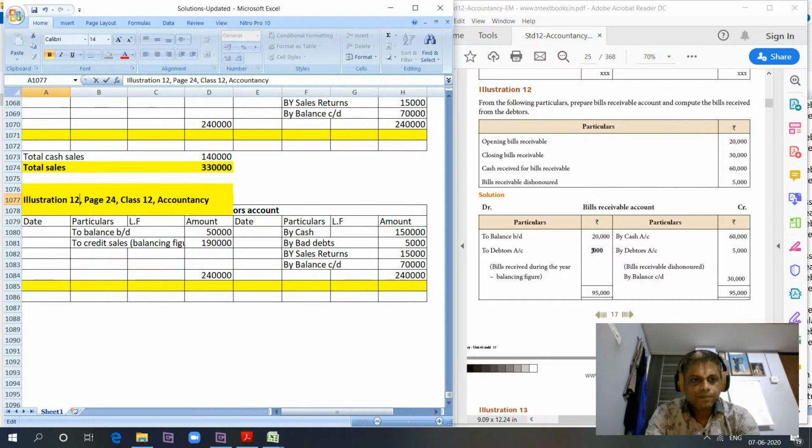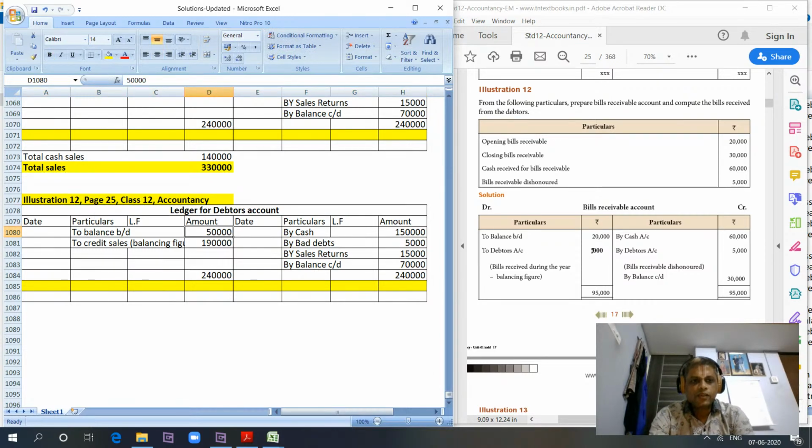I'm in illustration 12, page 25. Let's understand what this first question is. From the following particulars, prepare bills receivable account and compute the bills received from the debtors. A similar form of debtors account, so I'll change the heading.